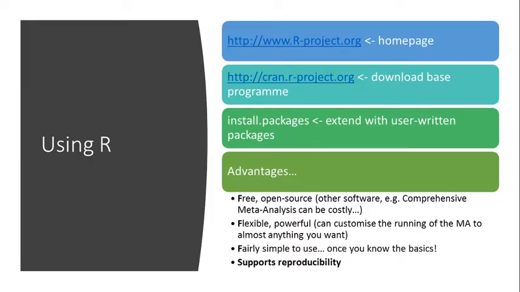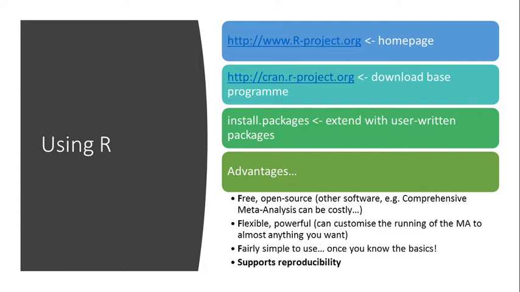So then on the R side of things, who has used R before? Most of you? So you probably know all this, but you can download R, it's free, open source. You can get it from the King's Software Centre as well. And R has a bunch of packages that you can install to extend its functionality.